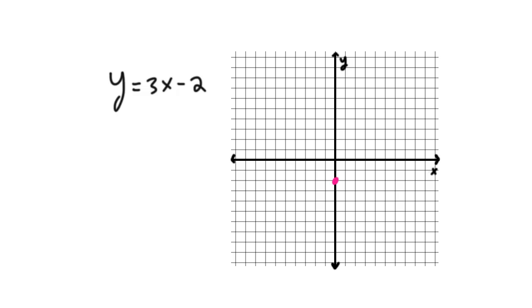And then the slope tells you to go up 3 units and over 1. If you want, you can put a 1 underneath the 3 there. So from the y-intercept, you're going to go up 3 units and over 1. Up 3 units and over 1. And then you can draw your line through the points that you plotted. And there it is.